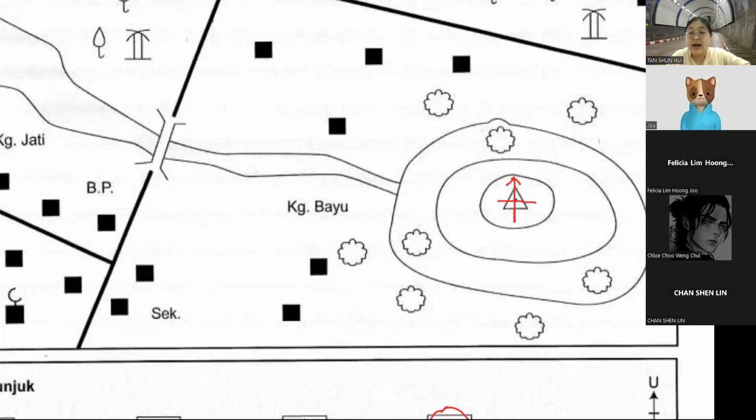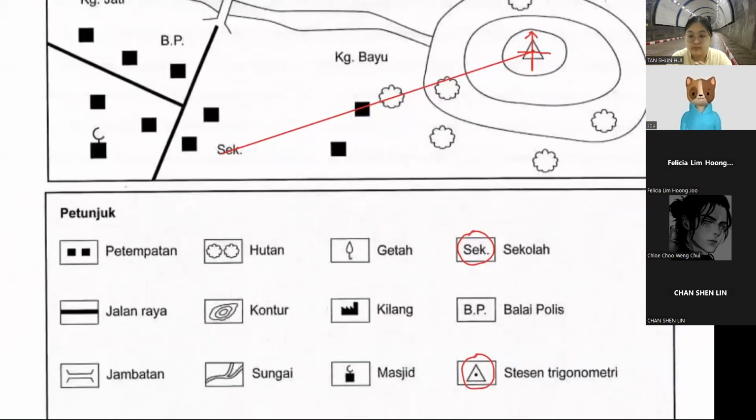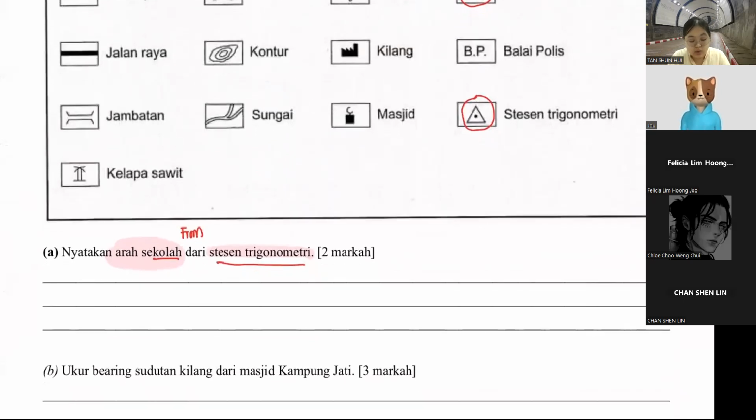So sekolah dari trigonometry, where is sekolah? Here. So what direction is sekolah? What's the direction of sekolah? Yes, it's barat daya, right? So your answer will be barat daya.